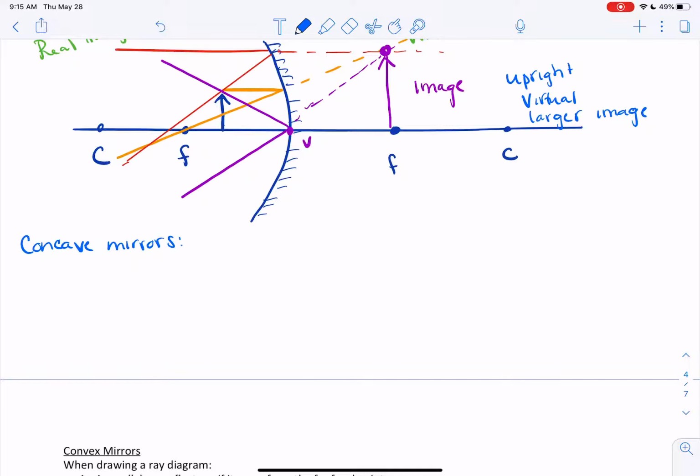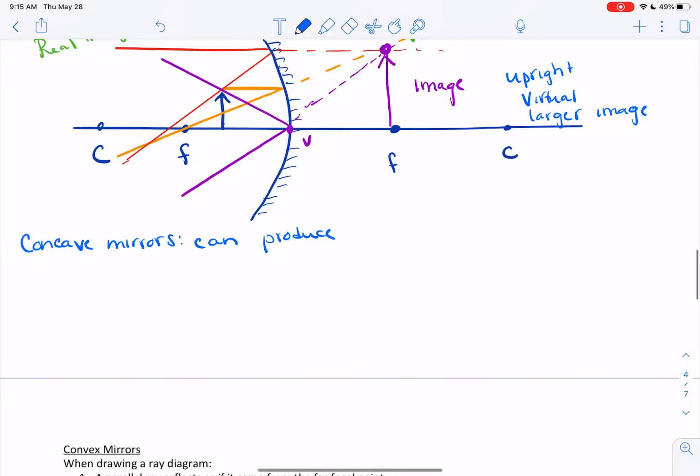Okay, so concave mirrors can produce real and virtual images, okay? And if the image is real, it's going to be upside down.